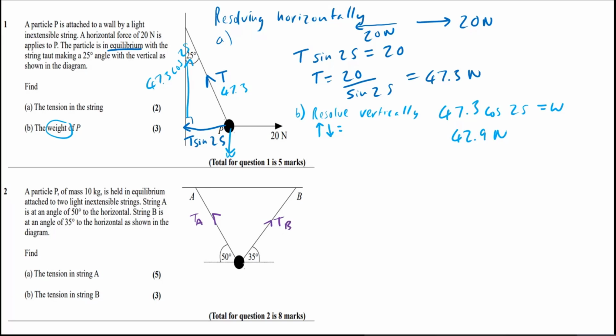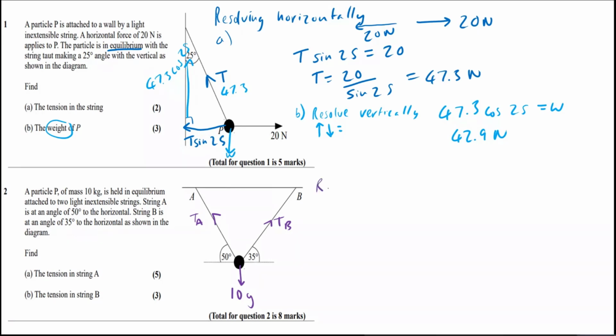Now, remember, that's going to be 10G. So you've got to resolve horizontally and vertically at some point, right? I'll give you some minutes to just try to give that a go. If you think you've got an answer, you can type it in.